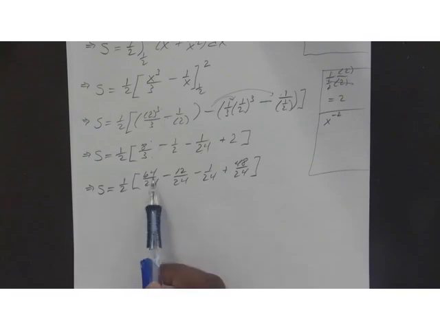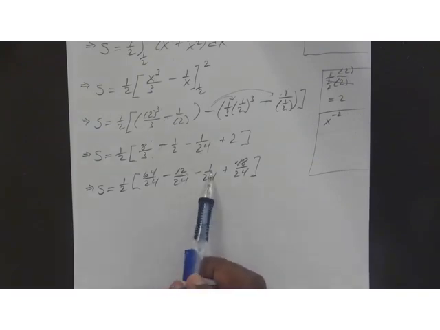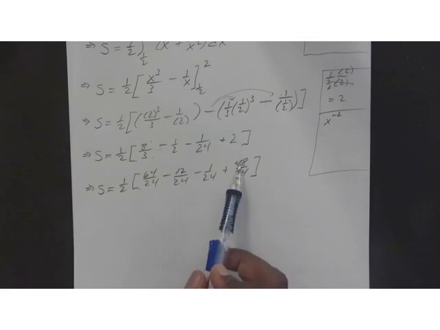Okay, so we have 52 minus 1 is 51. 51 plus 48 is 99.